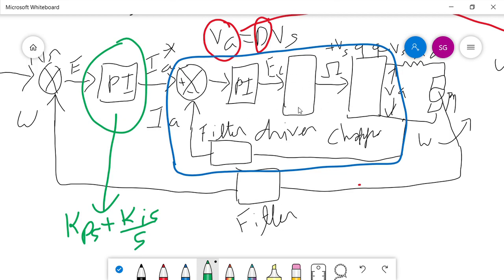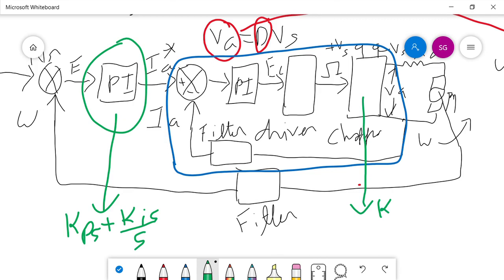Then this driver can generate instantly. The duty ratio will be selected instantly, and this will go to this chopper. This chopper could be represented by some, let us say, K constant.